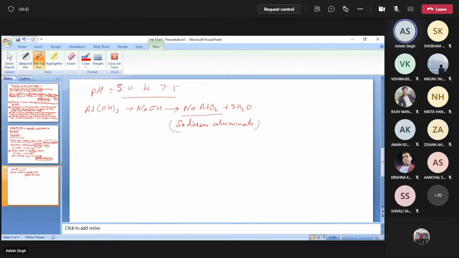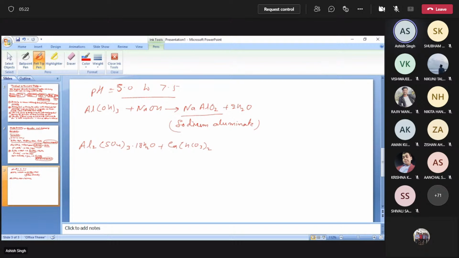Suppose in some raw water the pH is low, so what do we use? Then we add calcium bicarbonate with the alum, Al2(SO4)3 18H2O.